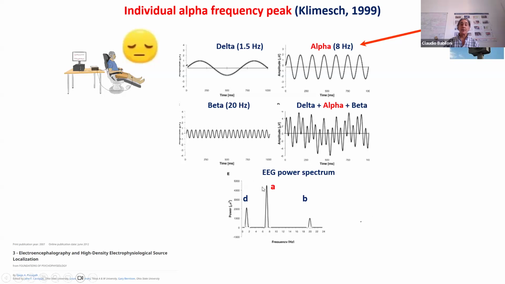And the frequency showing the higher power density of EEG activity from 8 to 12 Hz is called individual alpha frequency peak, which is used as a reference for the definition of subbands of alpha rhythms.